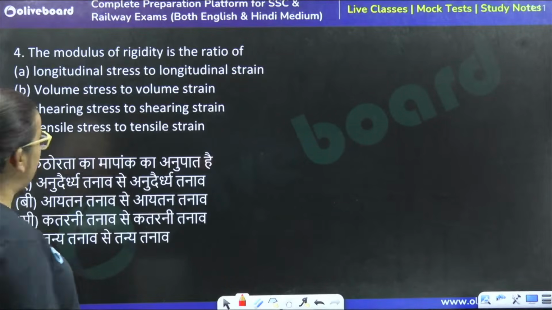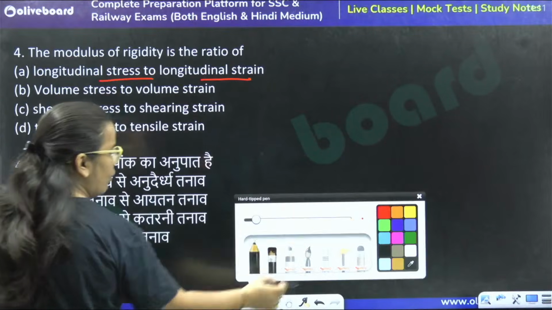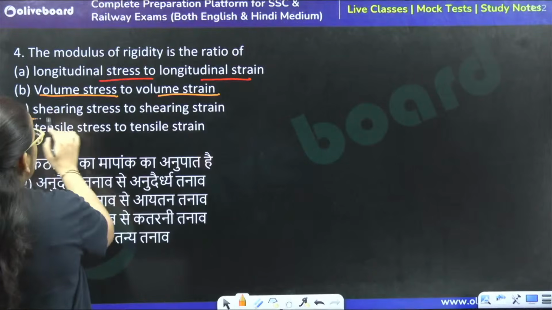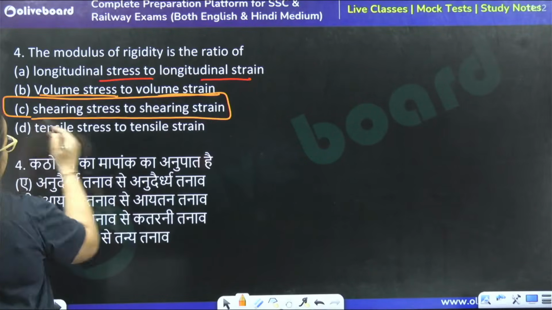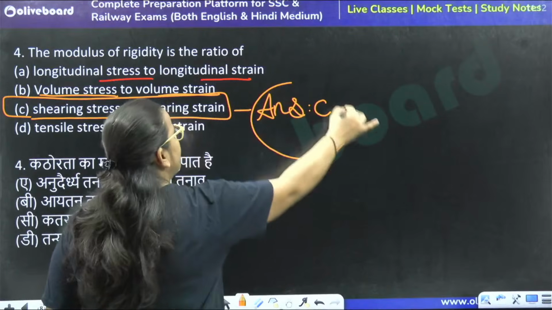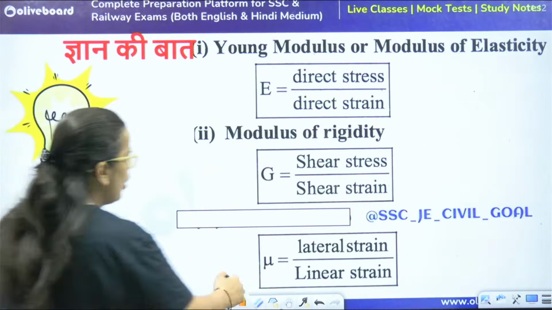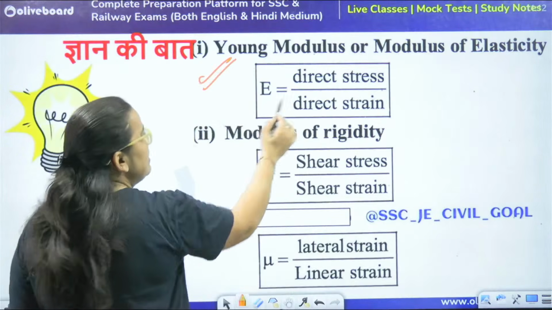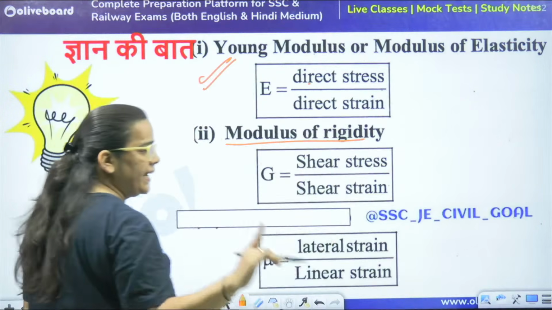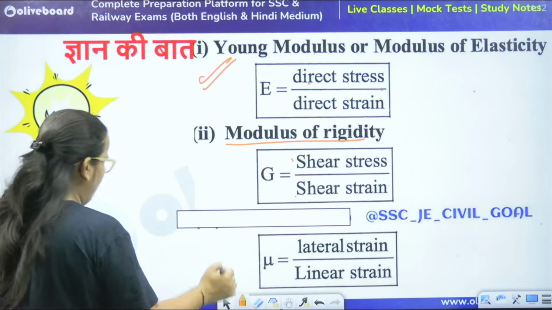Shearing stress upon shearing strain. Options were longitudinal stress to longitudinal strain, then volume stress to volume strain, and shearing stress to shearing strain. That's your answer, everyone, and the correct answer is option number C. So basically, Young's modulus of elasticity is direct stress upon direct strain. The modulus of rigidity is the ratio of shear stress upon shear strain.